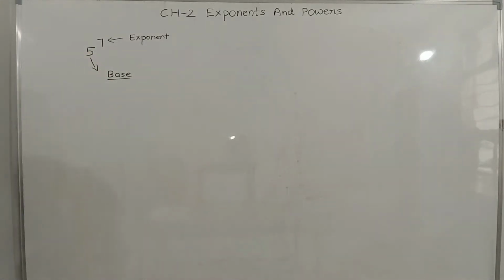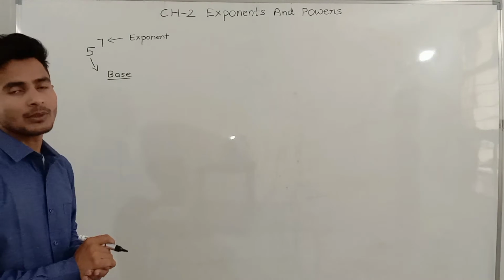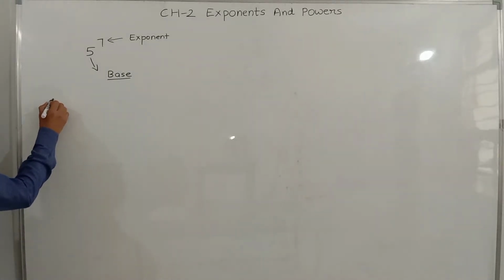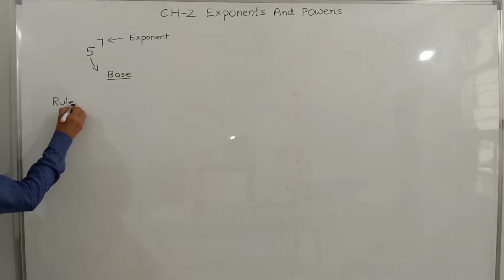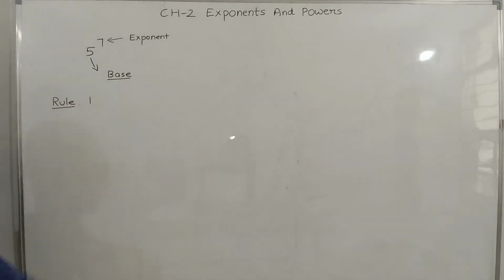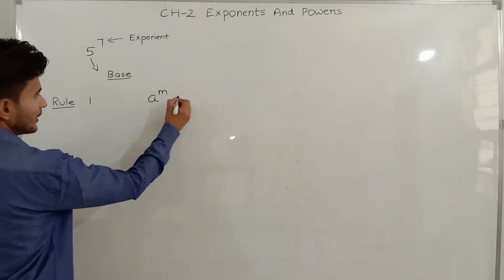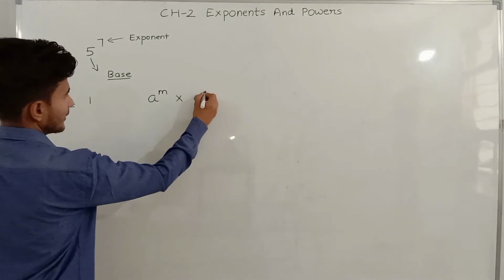We have 5 rules of exponents and powers which you have to keep in mind. After that only you can solve the sums. Rule number 1. Suppose you have a power m into a power n.